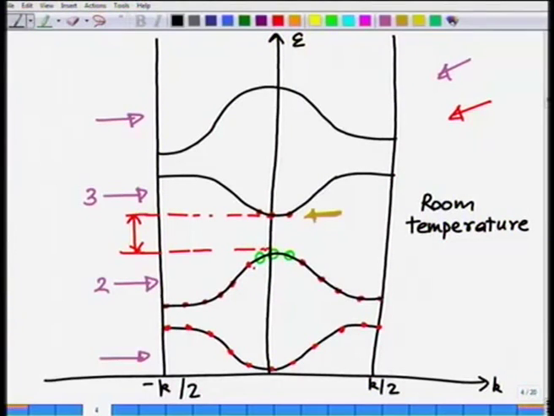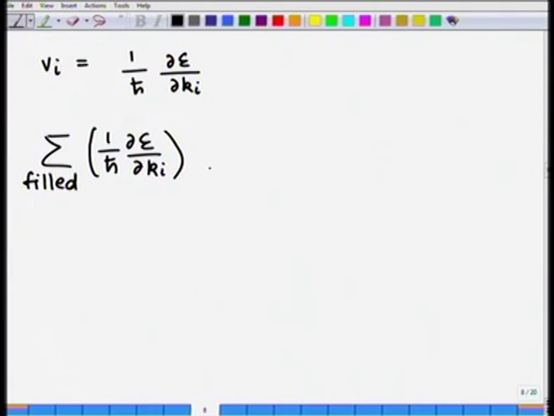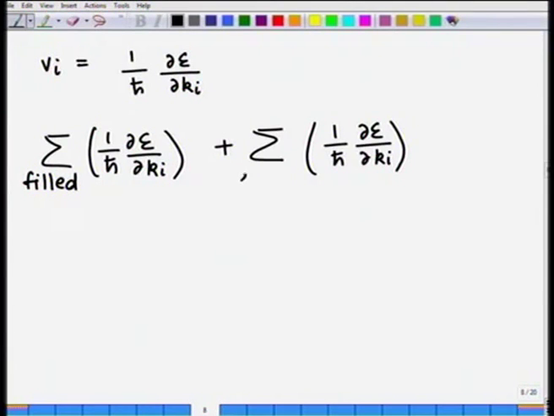If I carry out this del E by del K type of summation over all these K states, whether they are occupied by electrons or not, then I am going to write this as 1 over h bar del E by del k_i summed over all filled states, plus the summation of 1 over h bar del E by del k_i over all the unfilled or empty states, and this quantity should be equal to 0.